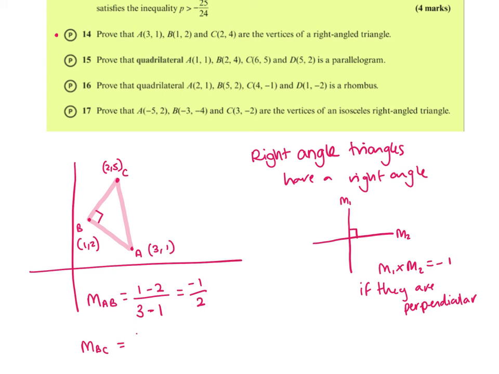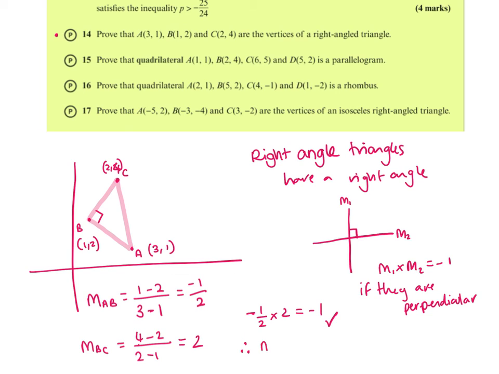Gradient of BC, 5 minus 2 over... No, that's supposed to be a 4, everybody. 4 minus 2 over 2 minus 1 equals 2. So does -1/2 times 2 equal -1? Yes, they do.